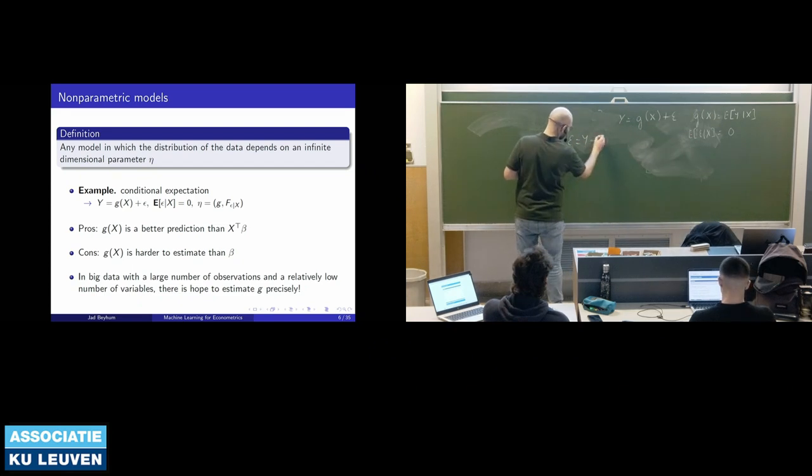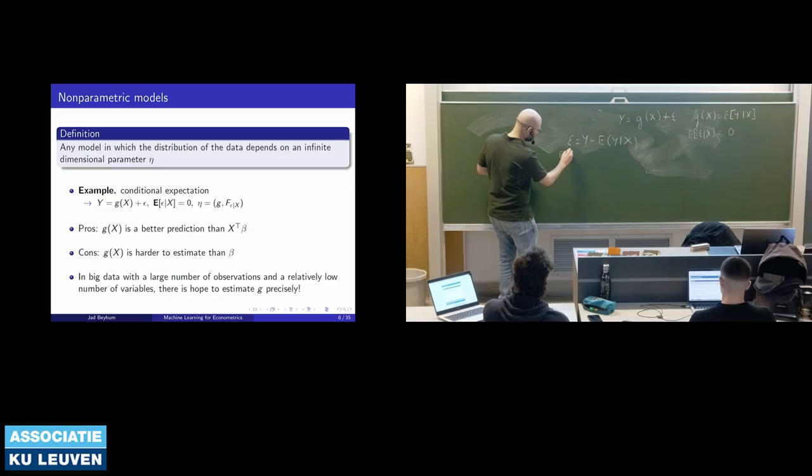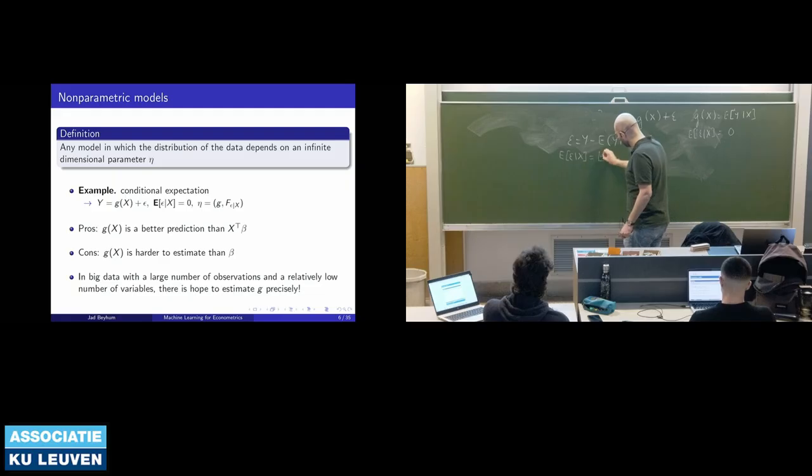And so you see that by construction, the expectation of epsilon given x is just the expectation of y minus the expectation of y given x, conditional on x. This essentially is already conditional on x, so this is fixed.